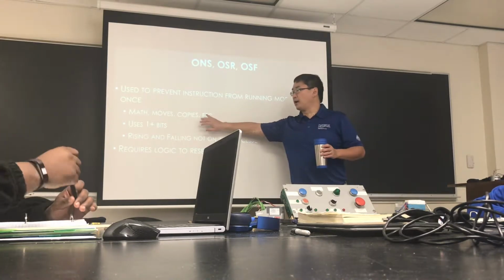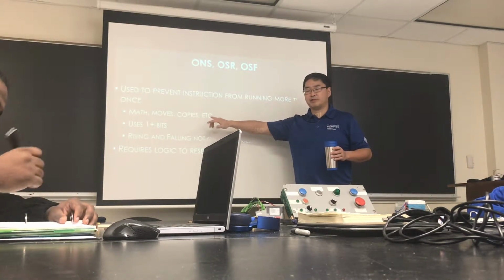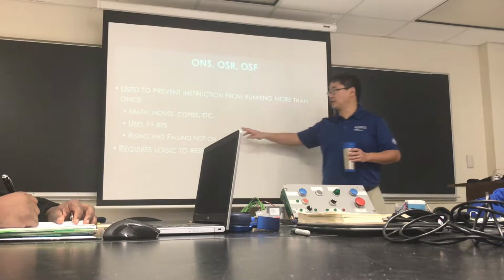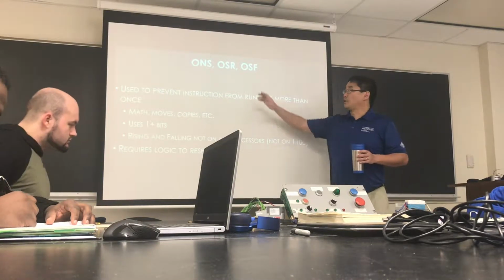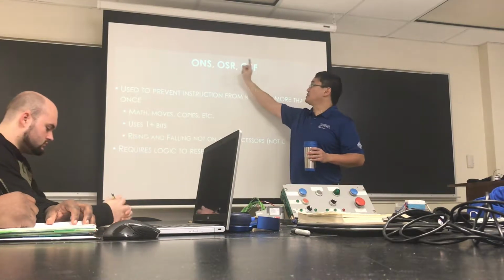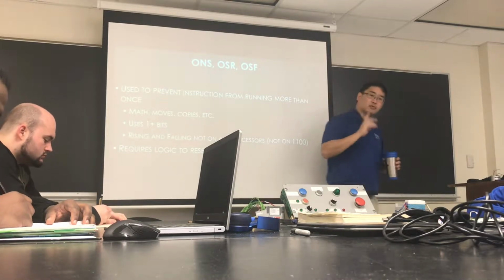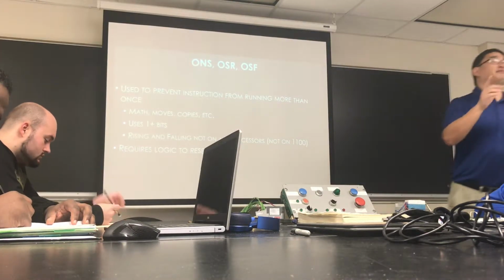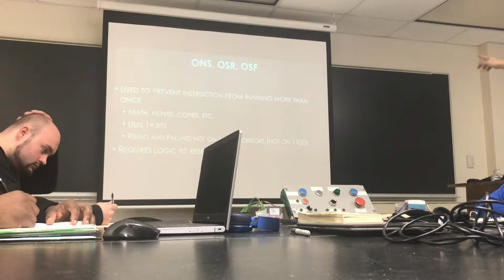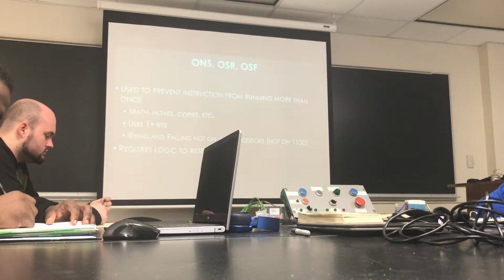You want to use it on math instructions, moves, copies, things like that. There is a one-shot rising and a one-shot falling. The Micrologics 1100 does not support the rising and falling, so it's just the one-shot.